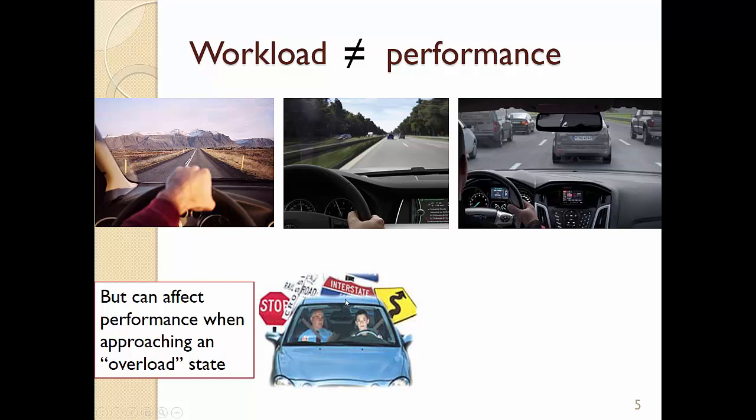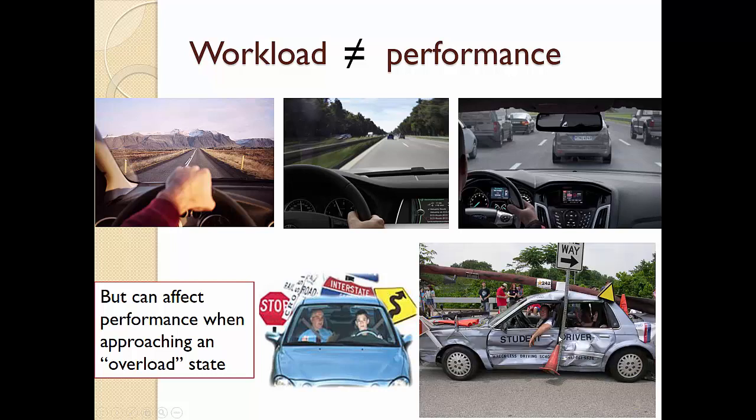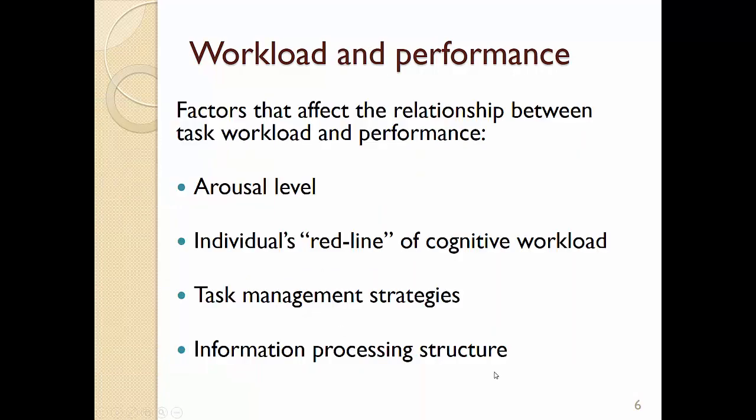It's much easier to get overwhelmed and to overlook things and to then have a suffering in our performance. But only when we reach our overload state, and I'm going to talk about the red line of cognitive workload in a couple slides. Only when we reach that state are we going to have performance drop off.